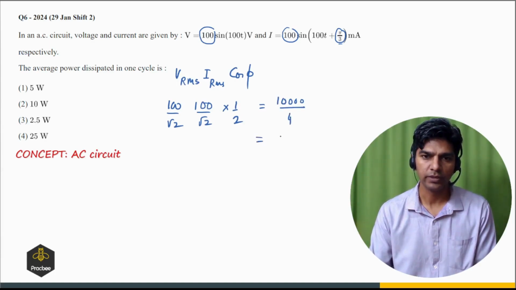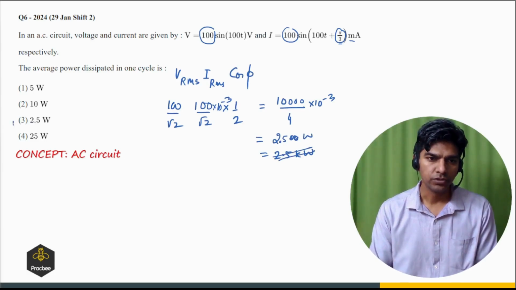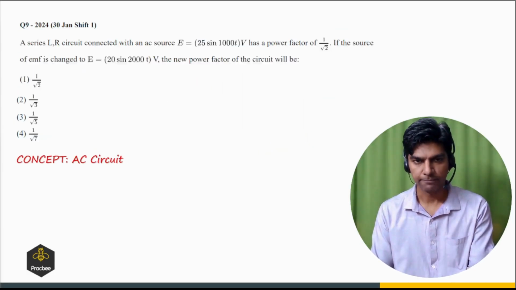So this comes out to be 2500, and that will be 2.5 kilowatt. Oh, sorry, the current is in milli, na? So it should be this times 10 raised to minus 3. So that will be 2.5 watt. So option 3 is the right answer.